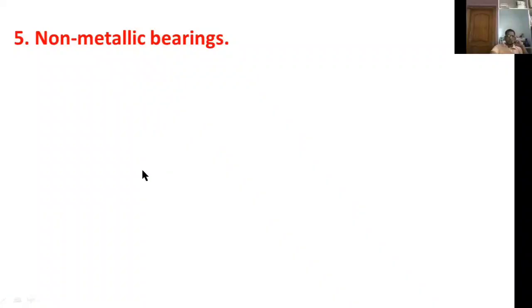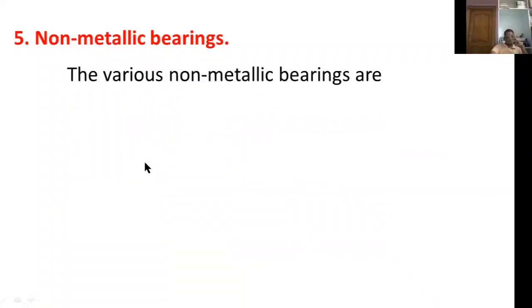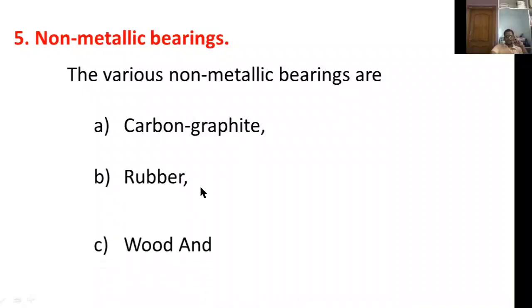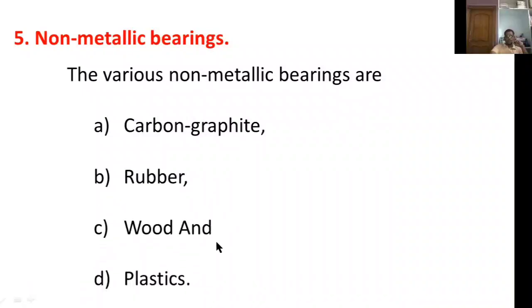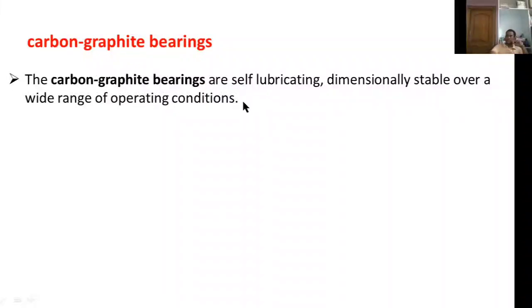Okay, now coming to another type, that is non-metallic bearings. The various non-metallic bearings are carbon graphite bearings, rubber bearings, wood bearings, and plastic bearings. Carbon graphite bearings are self lubricating bearings. Okay, there is no need of lubrication.